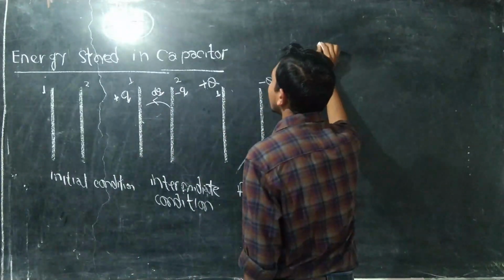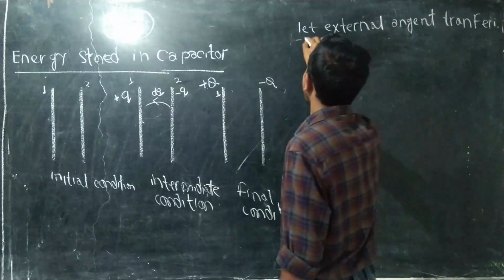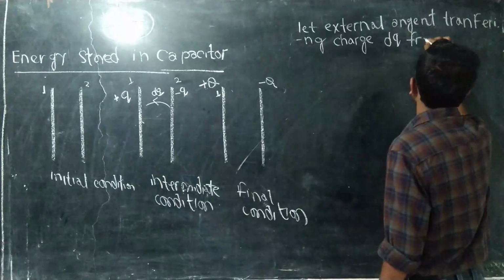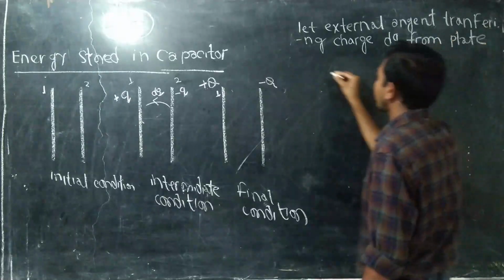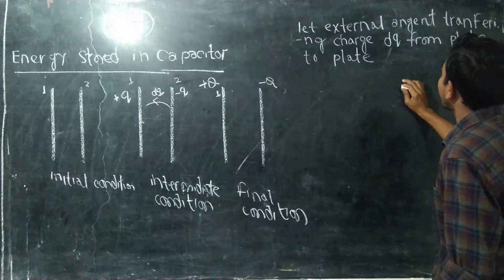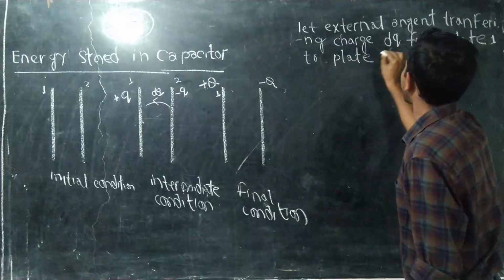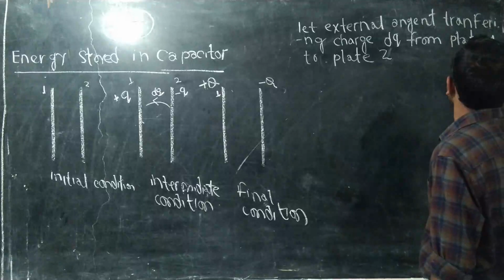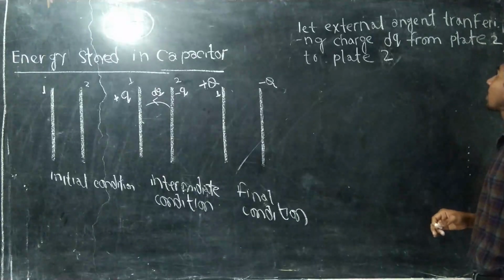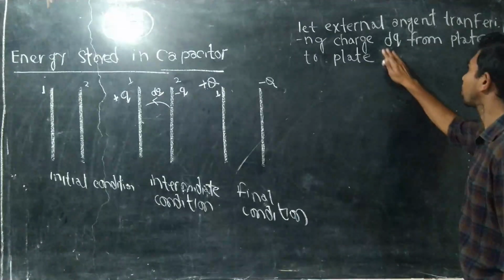Here we can write: let the external agent transfer charge dq from plate 2 to plate 1.